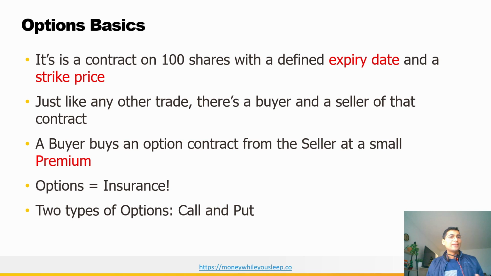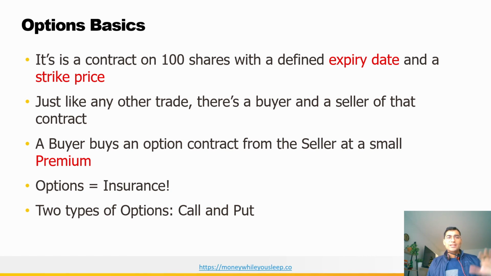So if I take an example of Tesla, let's say Tesla is going for around $650 per stock. So one option contract value will be 650 multiplied by 100. So the whole one option contract will cost you around $65,000. And this contract will have an expiry date until when it is valid, and it will have a strike price. We'll cover this as part of our example, and that will help you understand this better.